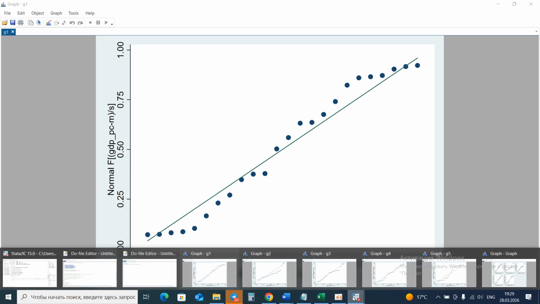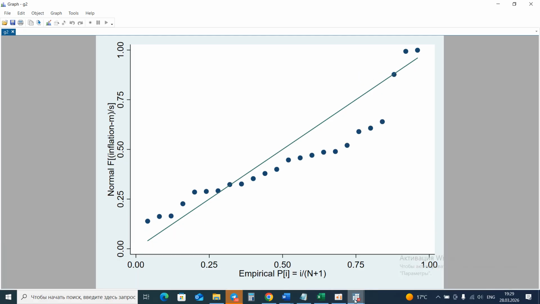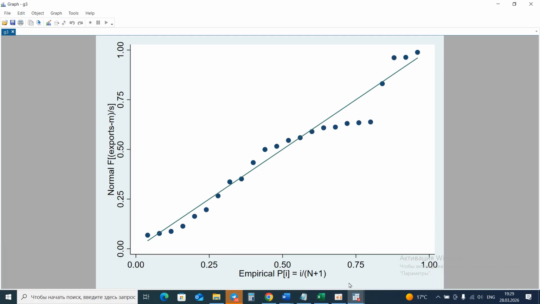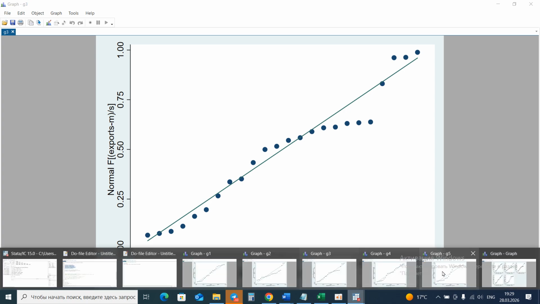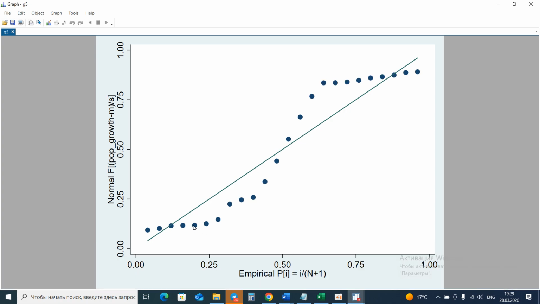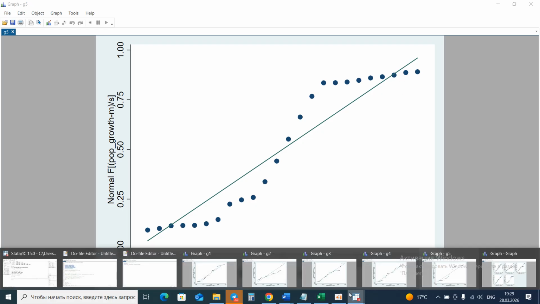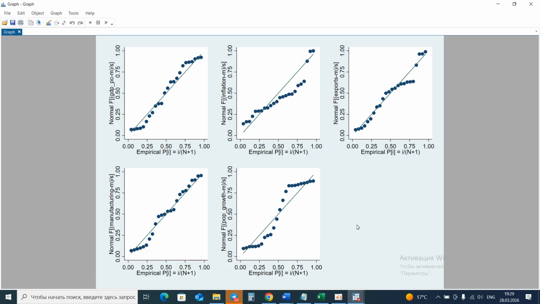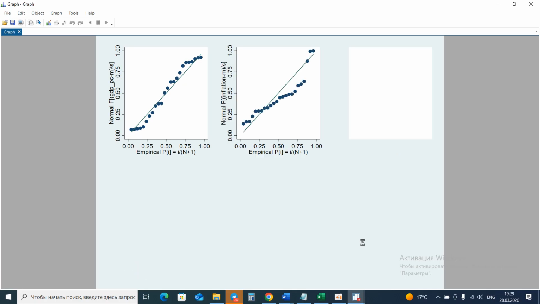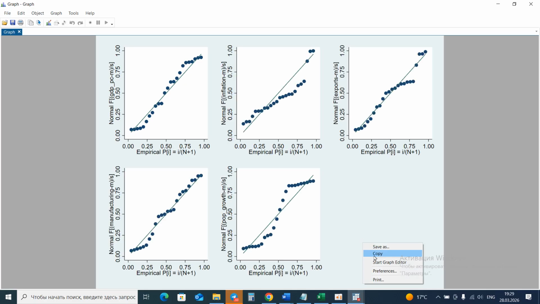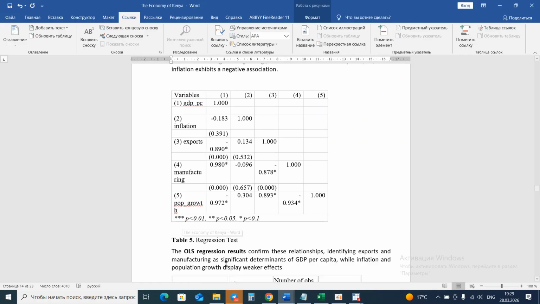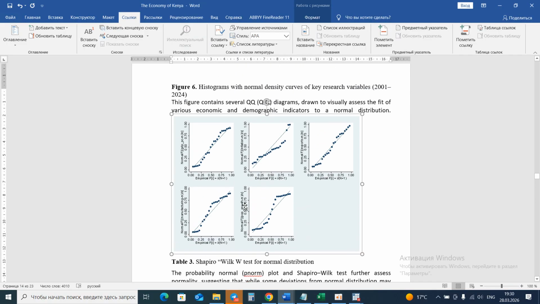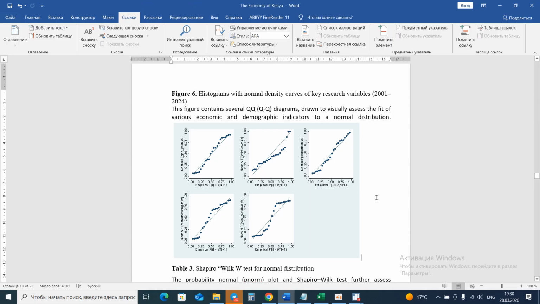This one is close, while this one becomes farther, and this one is too far compared to the others, so it's not normally distributed. We also copy this graph and paste it into our Word document here.